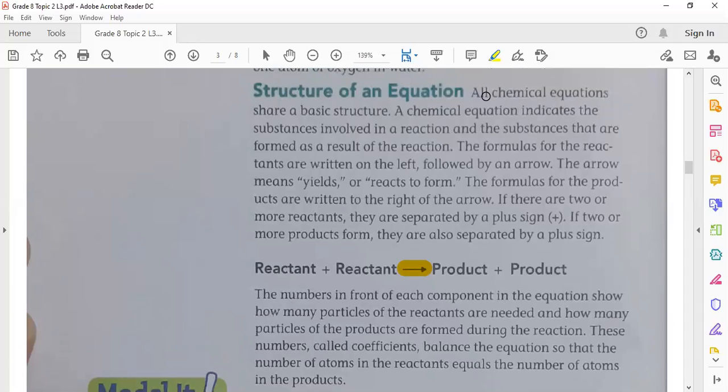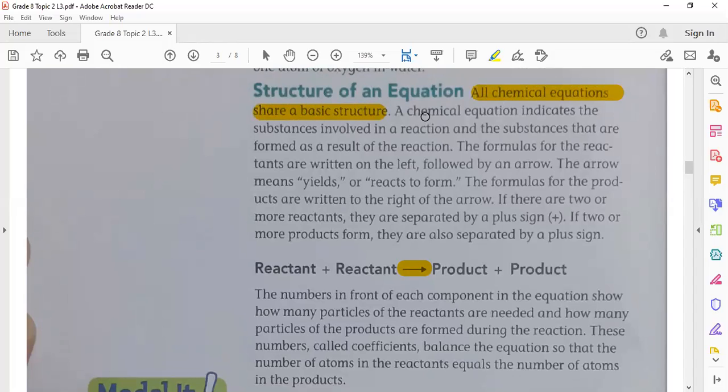All chemical equations share a basic structure, and all chemical reactions have the same structure. Any type of chemical equation has the same structure.